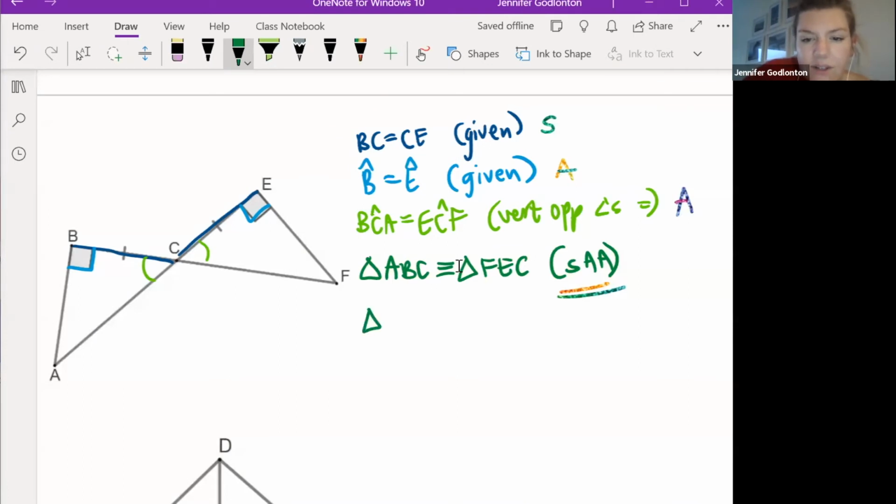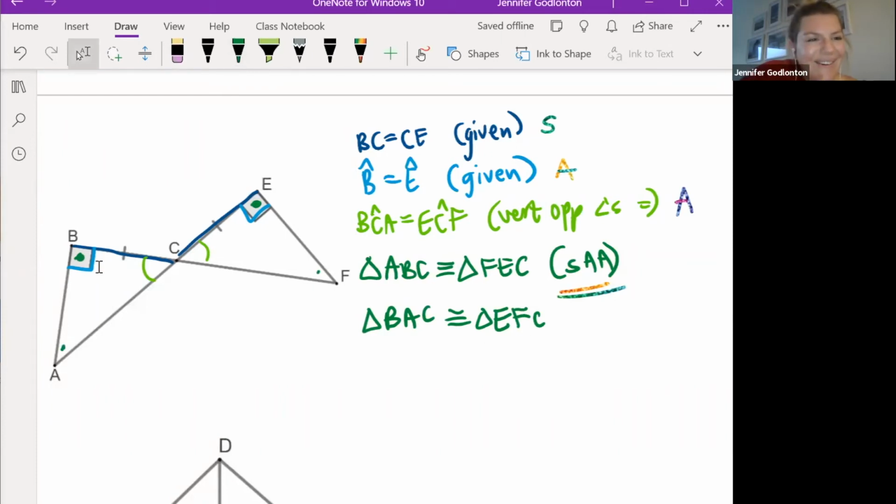Like I could have said triangle BAC, for example, but then I would need to say it's congruent to triangle E, then A, which is this one, so I would say F, and then C. So as long as they correspond to each other. Yes, ma'am. Then that's fine. Okay. Thank you, ma'am.